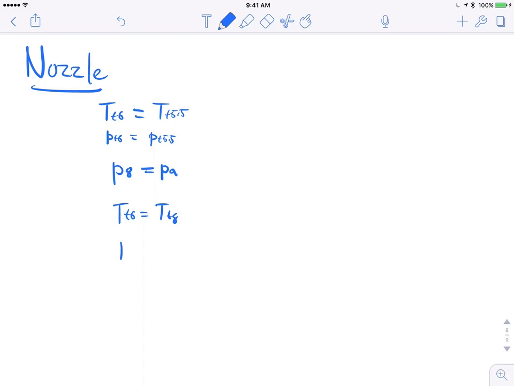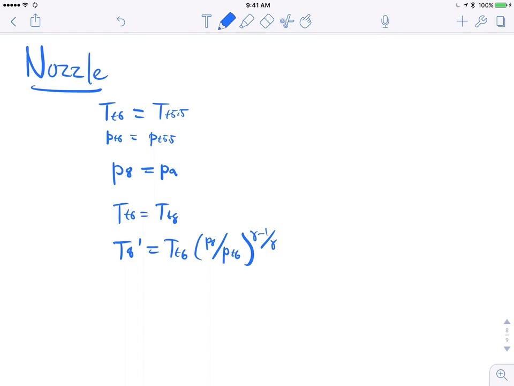Based on that, we can calculate that the ideal static temperature at the exit is going to be equal to the total temperature at the inlet to the nozzle, TT6, times the static pressure at the exit over PT6, to the gamma minus 1 over gamma.